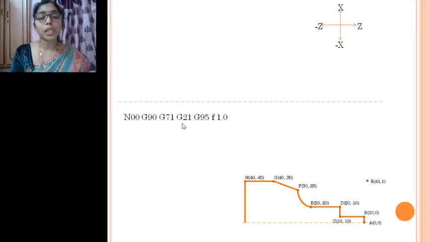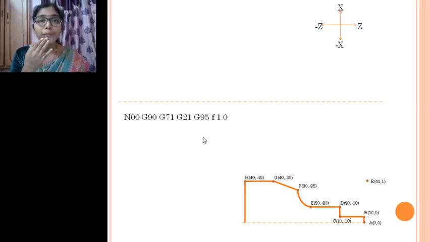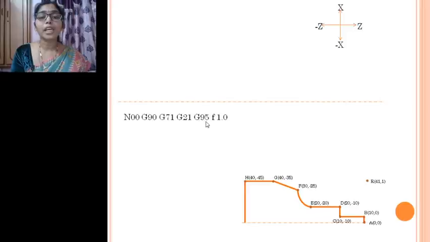Based on the dimensions, now you have to define how the feed is, whether you are giving in mm per revolution or mm per minute. How do you require the feed? So G95 will define the feed in mm per revolution.